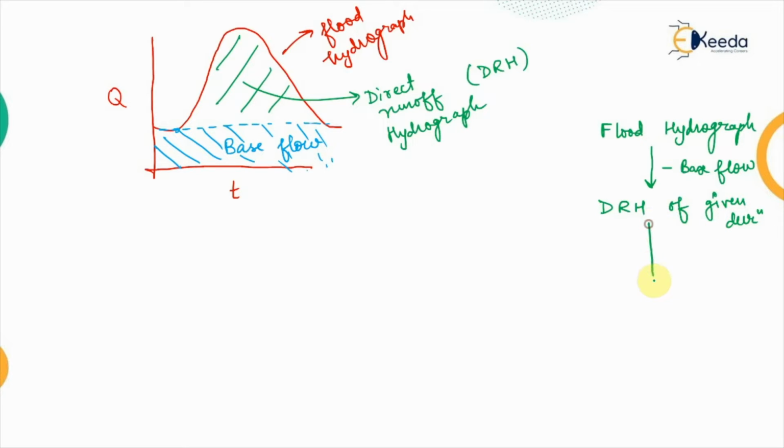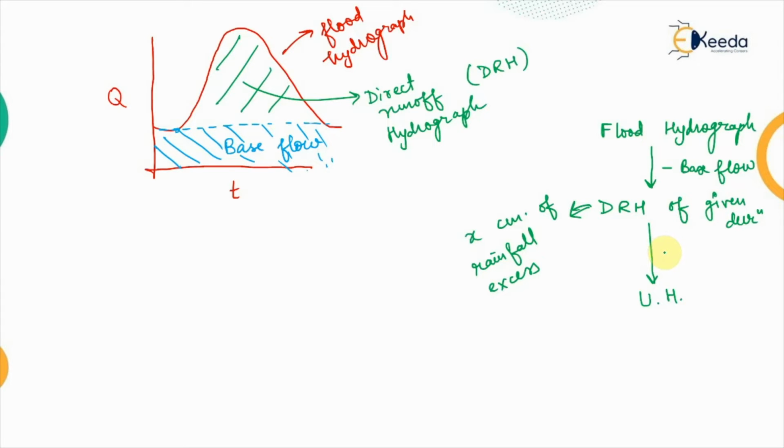Now this direct runoff hydrograph, let's say if that is representing x centimeter of the rainfall excess. So to have the unit hydrograph, because for the unit hydrograph, what was the condition? That rainfall excess, this value, should be equal to 1 centimeter.